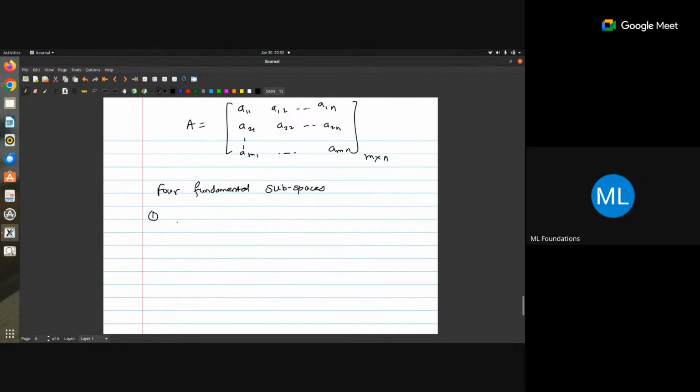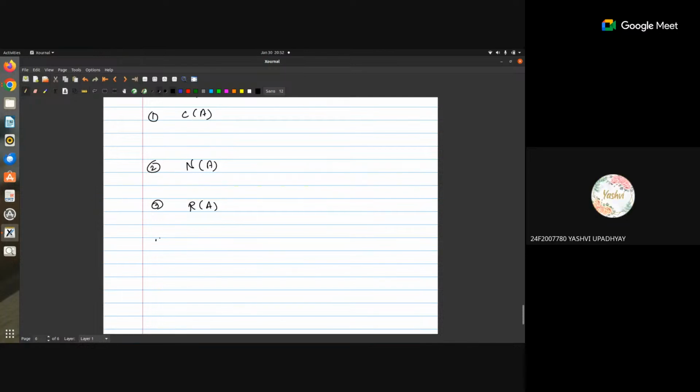First is the column space of A. Second is the null space of A. The third is the row space of A. And the last one is the left null space, which is basically the null space of A transpose. It just has a special name, left null space.